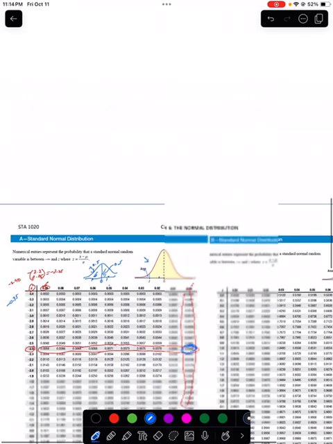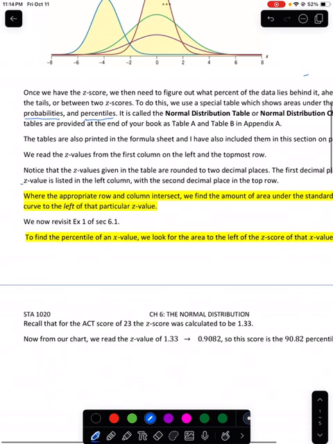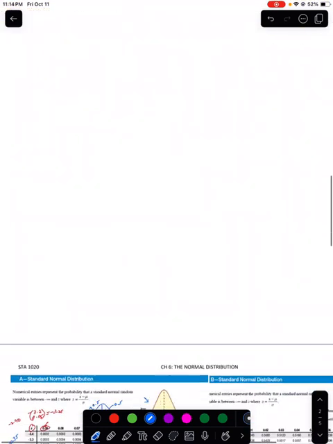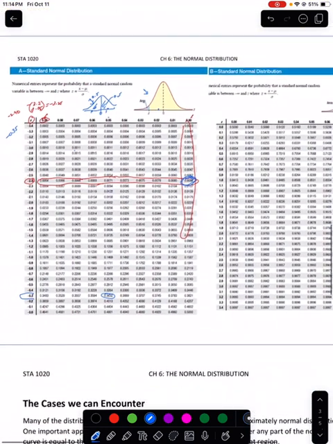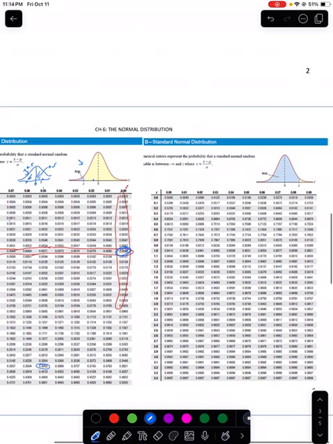Okay, so now let's look at what area we get for our example 1. If you recall, we had calculated the z-score for the ACT score of 23, and it came out to be 1.33. So we will go to our table and see what area we get. Since it's a positive number, I have to look at the second table.